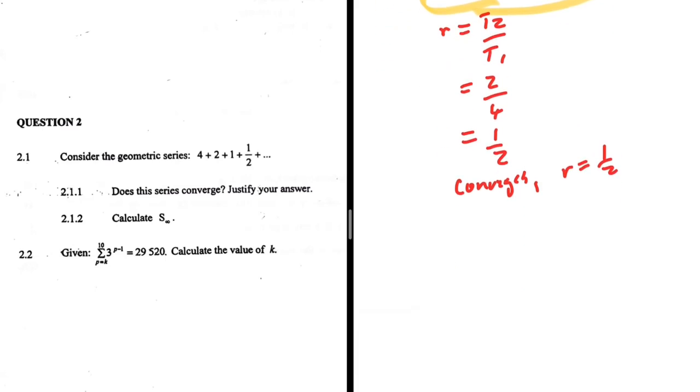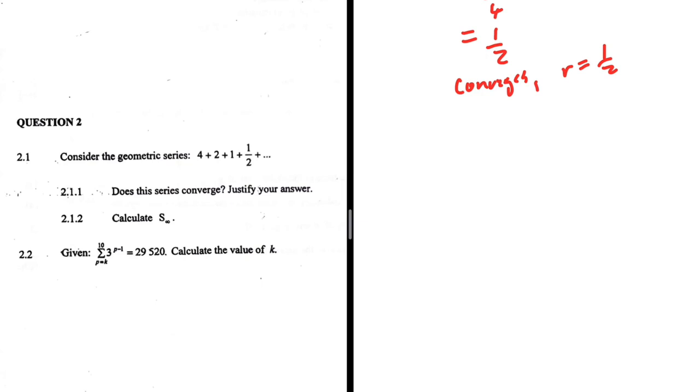What about 2.1.2? Calculate S infinity, the sum to infinity. If it is converging, we can calculate the sum to infinity. So 2.1.2 actually hints at the answer to 2.1.1, because we can only calculate the sum to infinity if it is convergent.